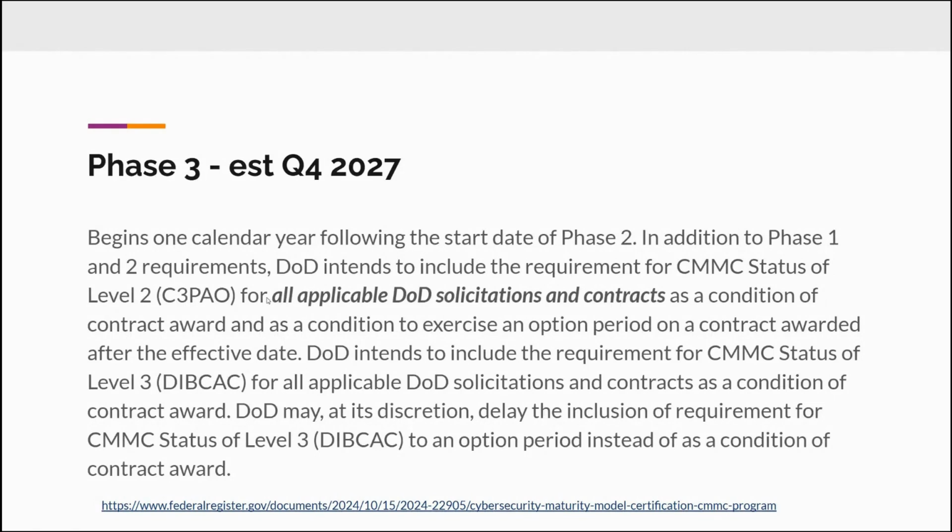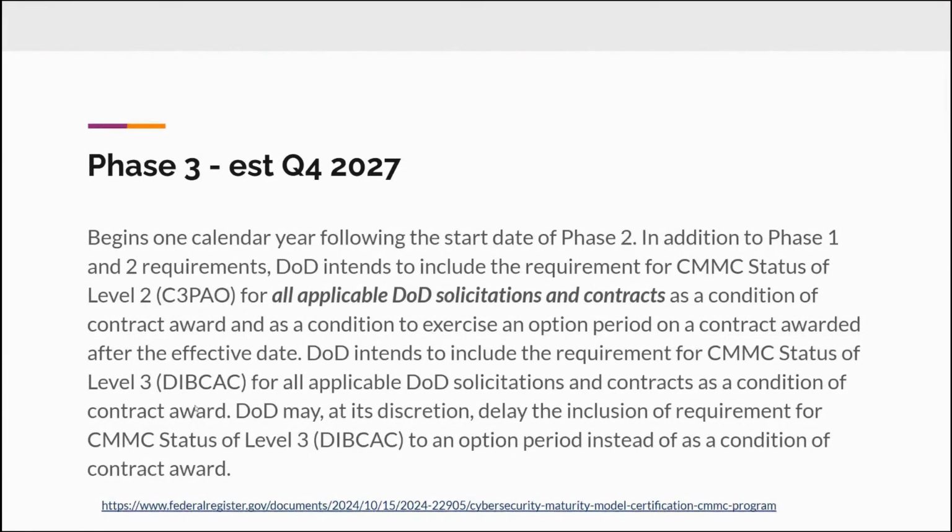So phase 1 is some, phase 2 is most, and then phase 3 is all, over the rolling next 36 months or so. So all applicable need to have a C3PAO cert as a condition of contract award and as a condition to exercise an option period. And then of course they intend to include level 3 for all applicable as a condition.